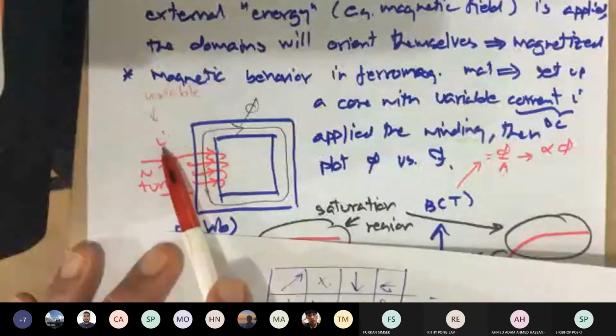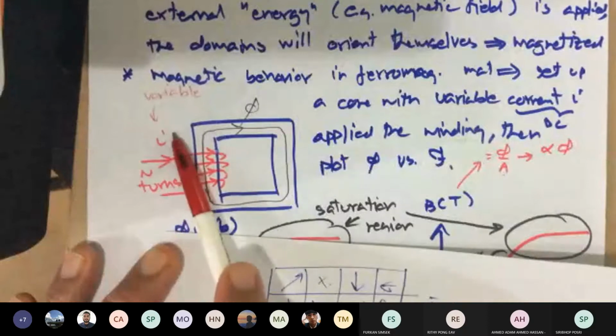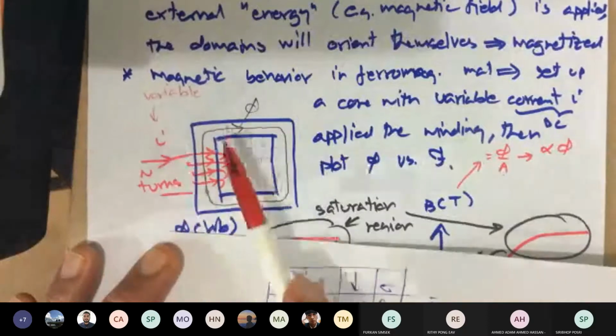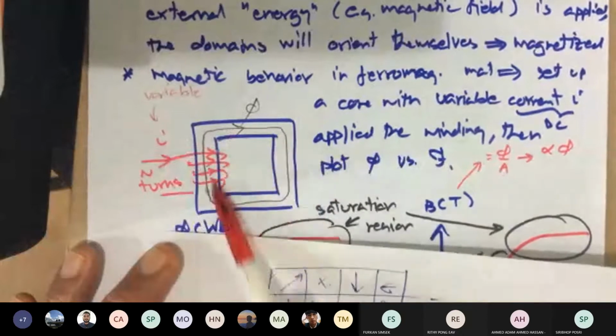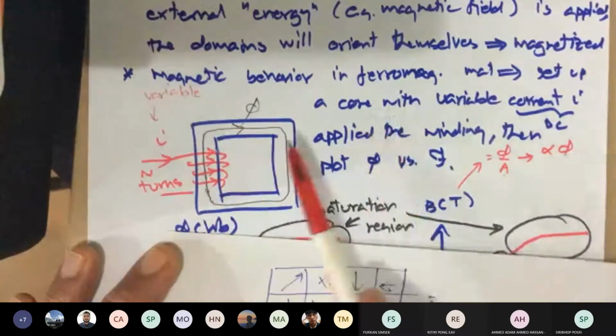Assume this is variable. You can increase it from 0 to a certain number, and then we measure phi in our core. There are meters that can actually do that.